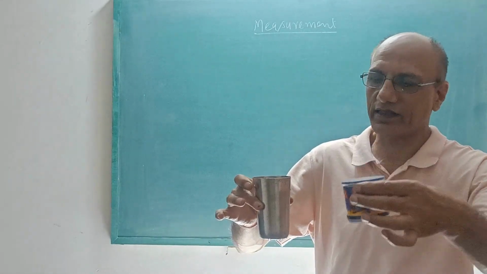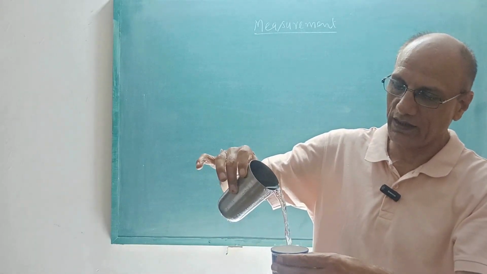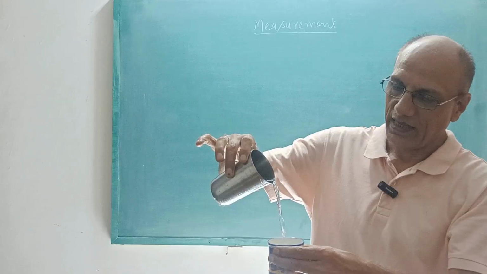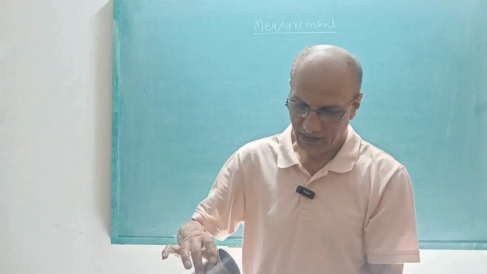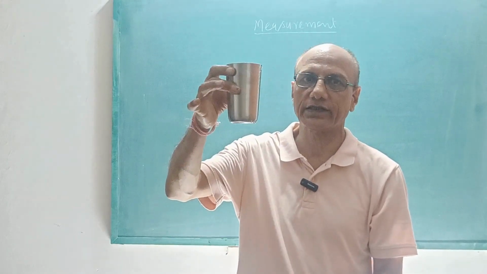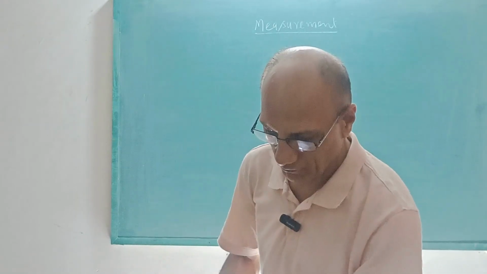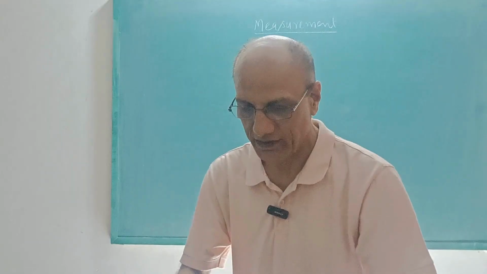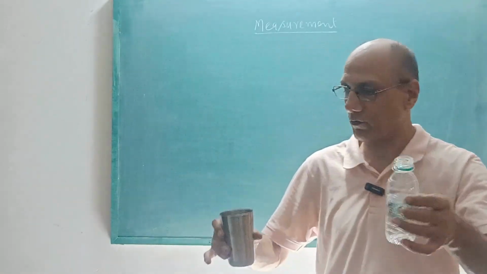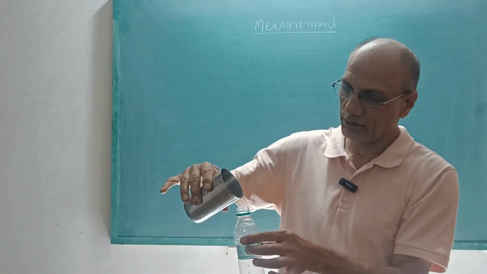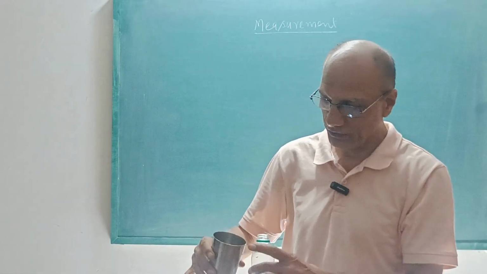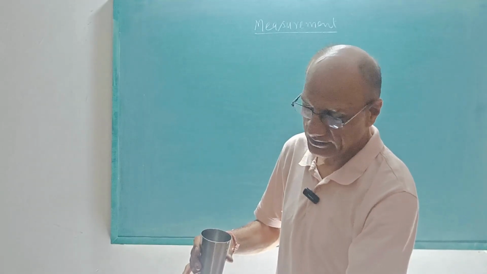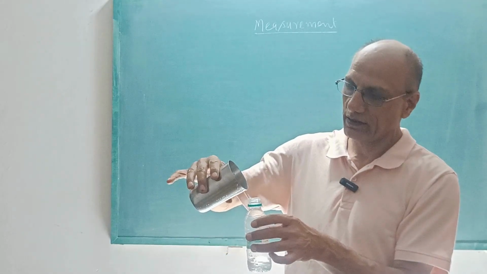It was very clear that this cup will have less water, and the cup is filled, and still water is in this glass. Now we'll see whether the volume of this bottle is more than the volume of the glass. So let us pour here. This will make you aware that still the water is inside the glass.